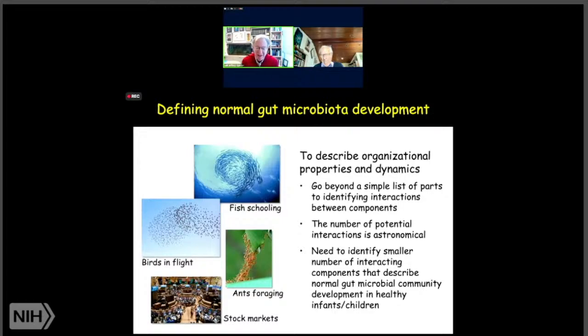For that purpose, we actually turned to the stock market and a field known as econophysics, where individuals started to use statistical methods to look at covariating price of stocks to understand the interactions between the activities of different economic sectors and the behavior of the stock market.